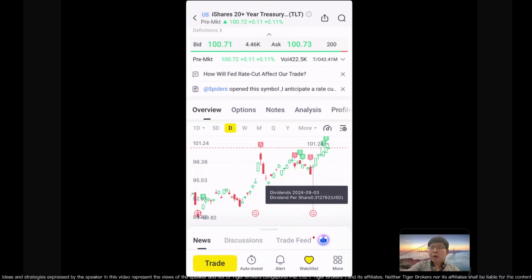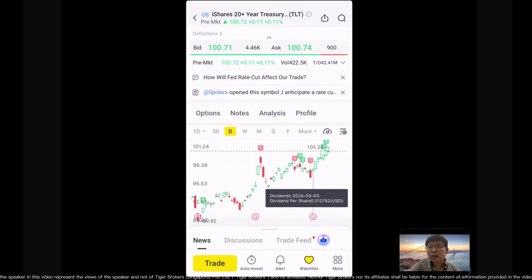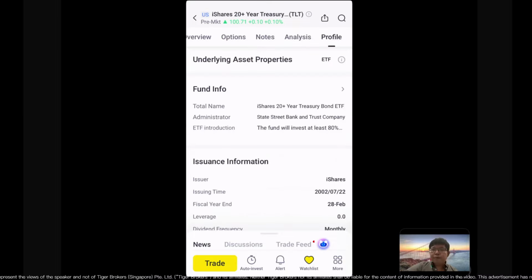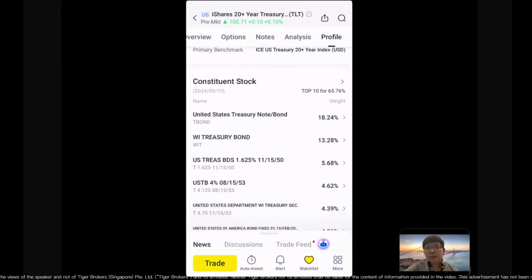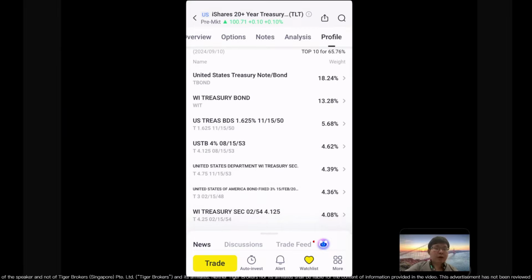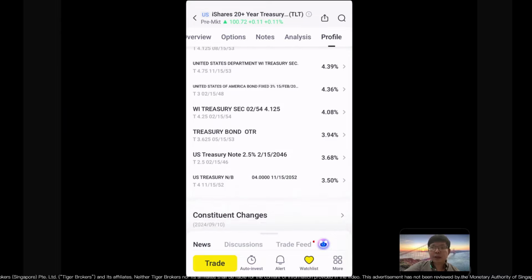So how do we see the past performance of the dividends from the chart? We see there are options, notes, analysis, and profile. I'm going on to the next page where we see the profile of the TLT.